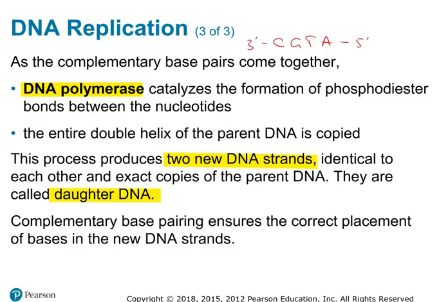So when DNA polymerase starts reading this, it goes, okay, what should I put against C? It's going to be G. C, A, and T. And that's your new strand. Okay, make sense?